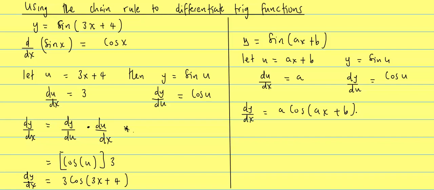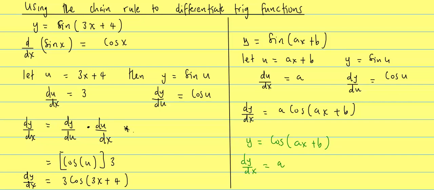So similarly, if I am given y is equal to the cosine of (ax plus b), in keeping with what we have agreed on, the derivative dy/dx of this function is going to be equal to, so what we want to do is find the derivative of the angle, and the angle is going to be a.